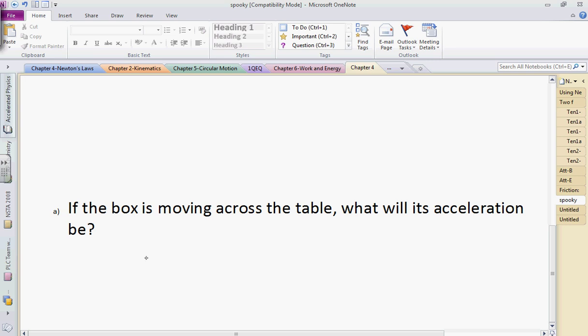So if the box is moving already, let's do a free body diagram. We will have our 250 newton force still being applied to it. We have our frictional force, okay, acting against it. We have the weight acting on it, and then we have the normal force, once again acting up from the table. The normal force will be the same as it was in the previous problem.